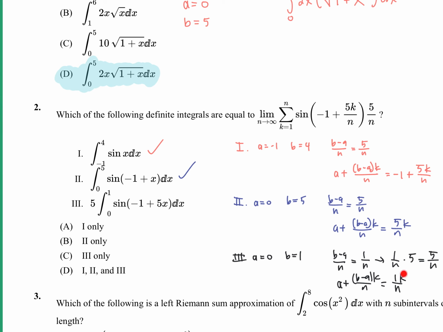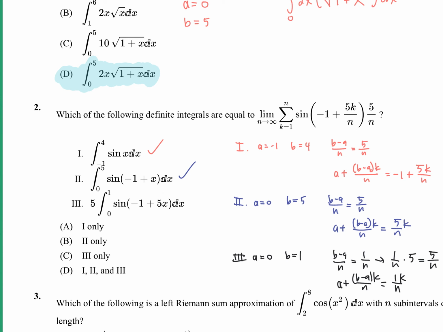Okay, and that means this is what we're plugging in for every x inside of our integral. So this k over n needs to be put in for this x, and then we get 5k over n, and that's perfect.